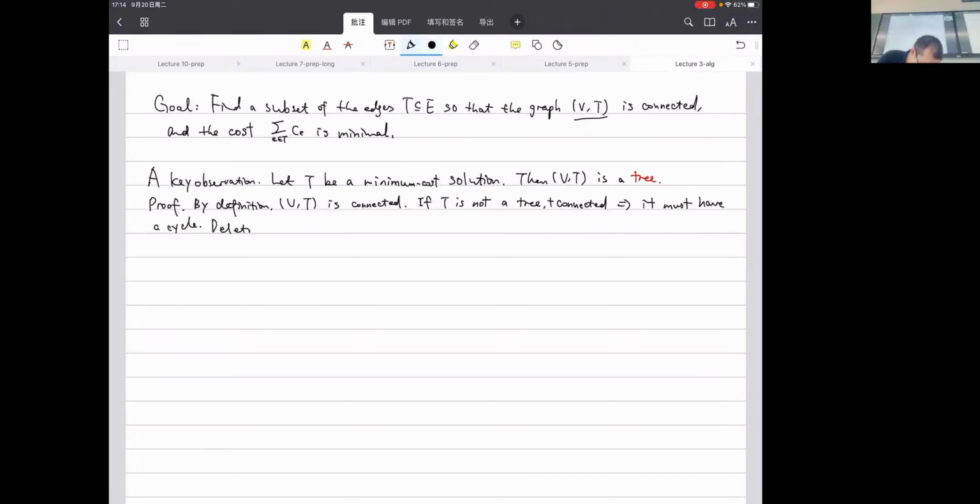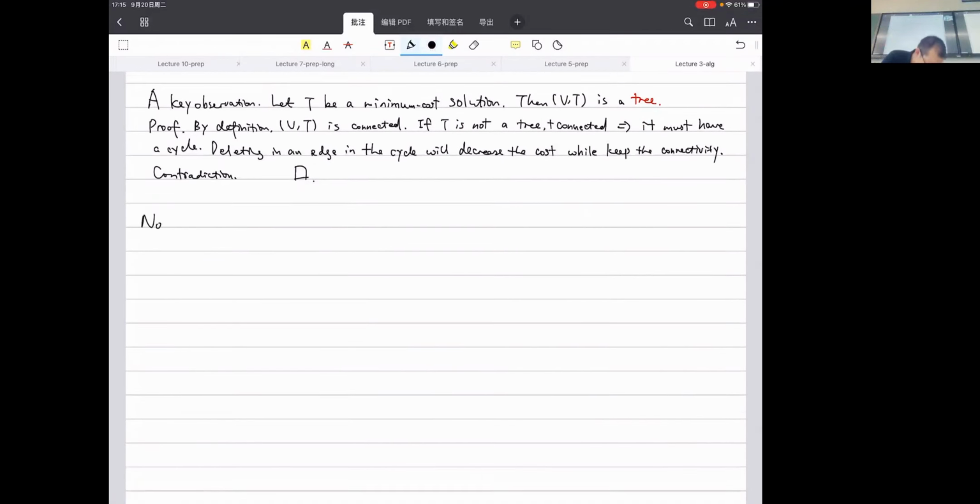Deleting an edge in the cycle will decrease the cost and keep the connectivity, and thus a contradiction if it is not a tree. So any questions? Is this straightforward to you? Okay.